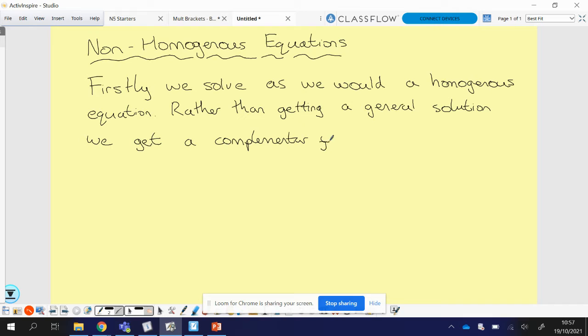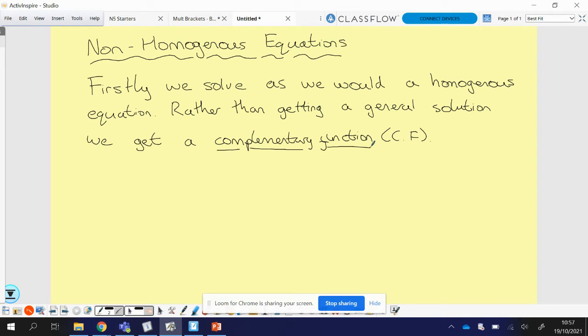A complementary function, which we will denote C.F. Okay, complementary function. We want to make that bold and underline it.